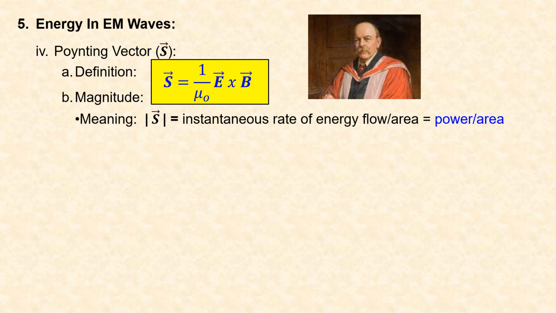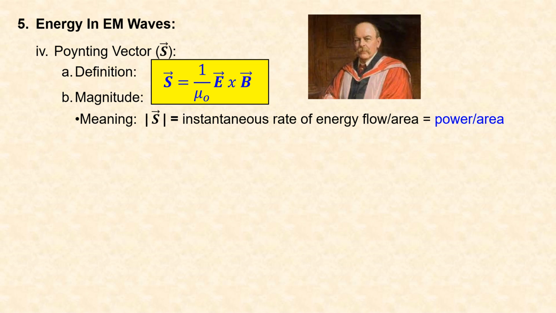Well, it turns out that the magnitude of the Poynting vector is simply the instantaneous rate of energy flow per area. Now, recall when you talk about a rate of energy flow, that's a measure of power. The rate at which energy gets transported or gets converted from one form to another.